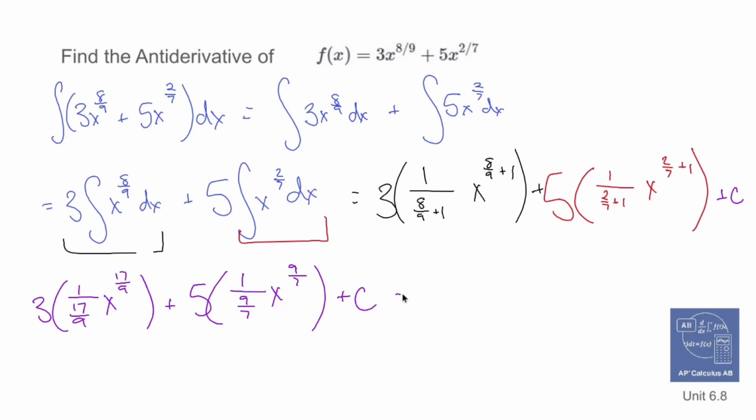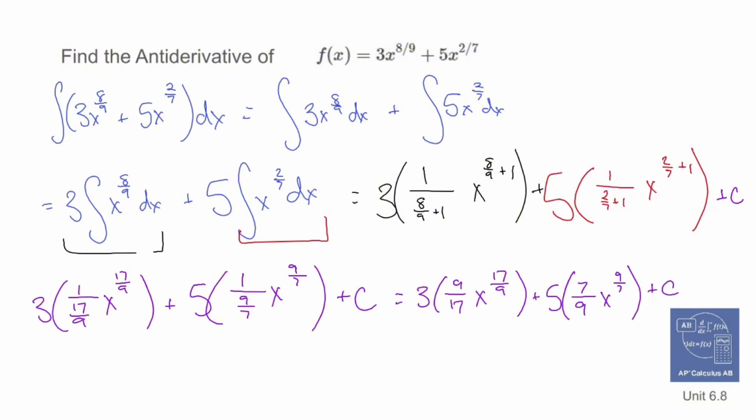All right, so that's gross. So reciprocal stuff: 3 times 9 over 17, x to the 17 over 9, plus 5 times reciprocal 7 over 9, x to the 9 over 7, plus c.